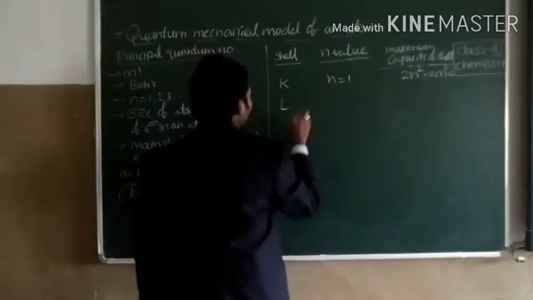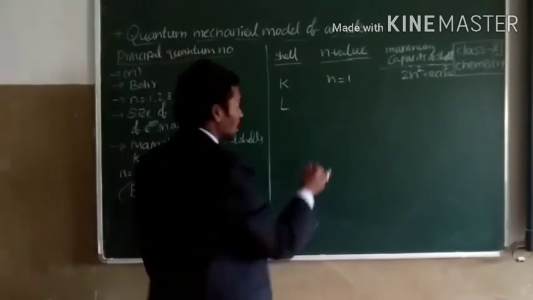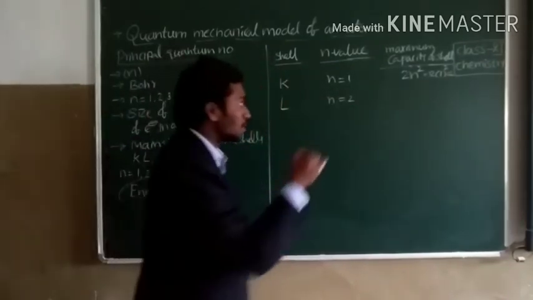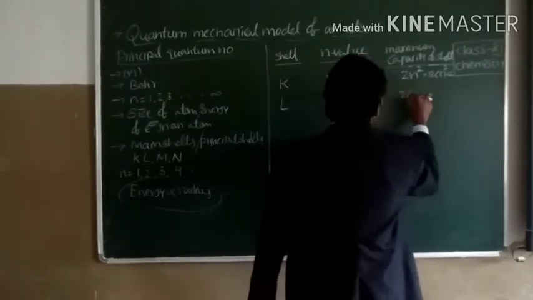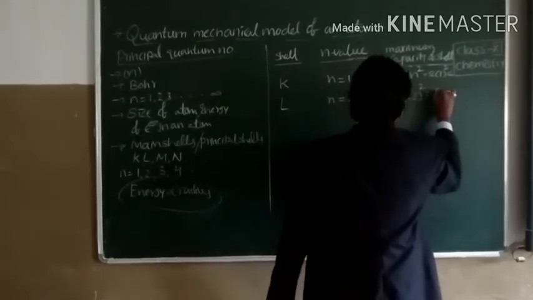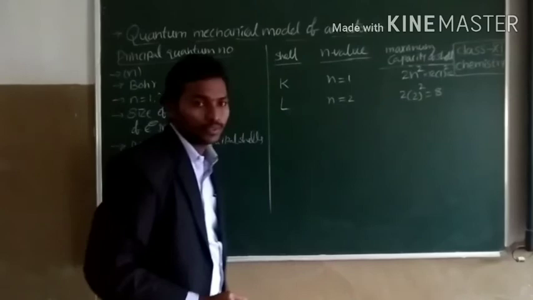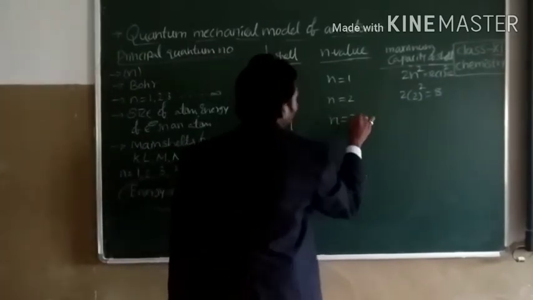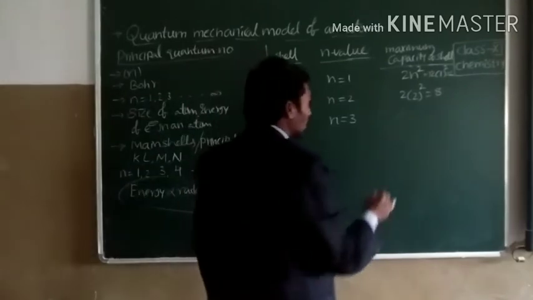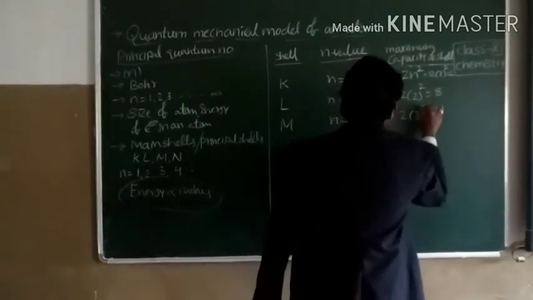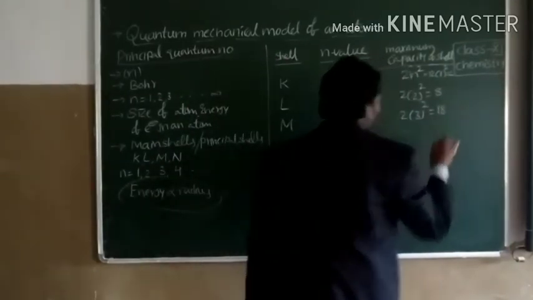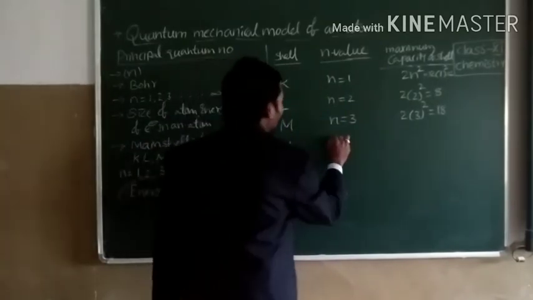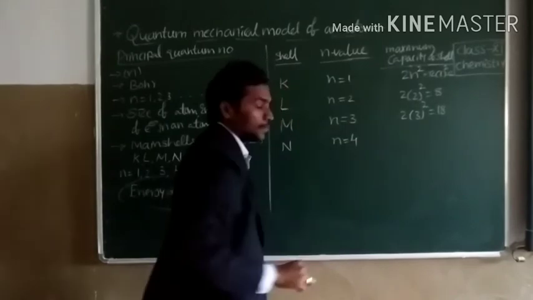Next, second shell, L shell. N value is 2 for L shell. Capacity of L shell, 2 into 2 square is equal to 8. Next, M shell. N value is 3 for M shell. Capacity of M shell, 2 into 3 square is equal to 18. Next, N shell. N value is 4 for N shell.